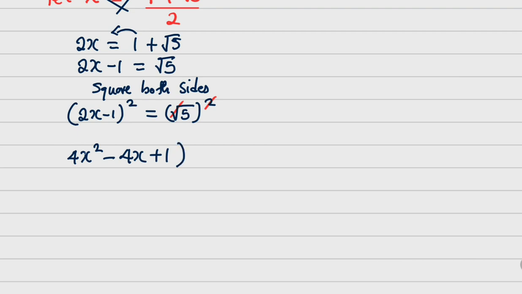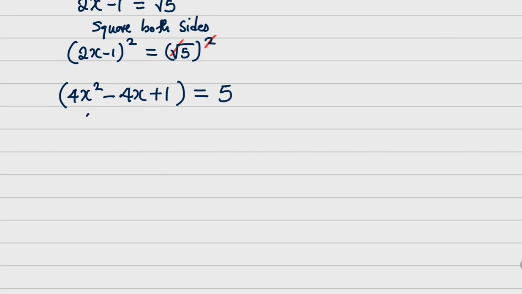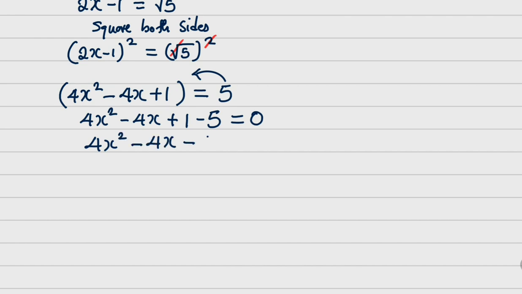I've expanded it. Then this is going to be equal to 5. Okay, rewriting it, we have 4x squared minus 4x, then plus 1. But once I decide to bring this 5 over here, it now becomes minus 5 is equal to 0. So this is 4x squared minus 4x, then minus 4 is equal to 0.